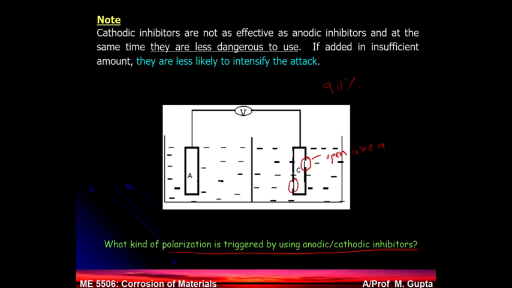Activation polarization, because now you are controlling the interface of your electrode, which is either anode or cathode. The metal which is corroding is an anode. You are putting some kind of protective coating, so you are controlling the interfacial reaction. And slowing down of corrosion as a result of the interfacial reaction is activation polarization. Alright?